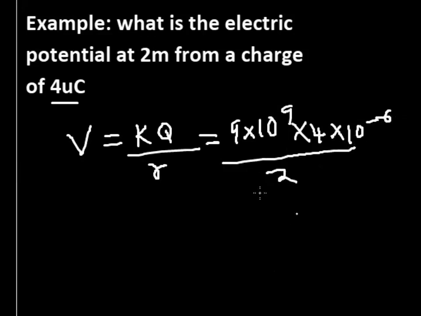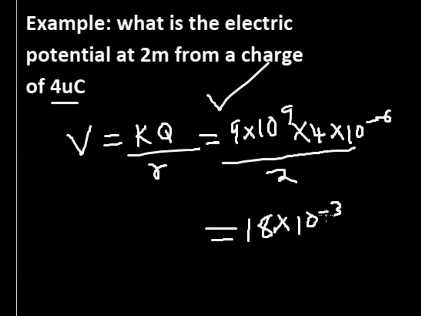This is very easy to calculate. 4 divided by 2 is 2, times 9, that's 18. I'm having 18 times 10 raised to the power of minus 3, which is 0.18 volts.